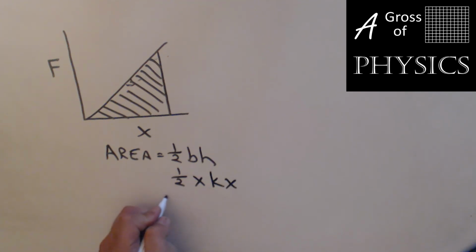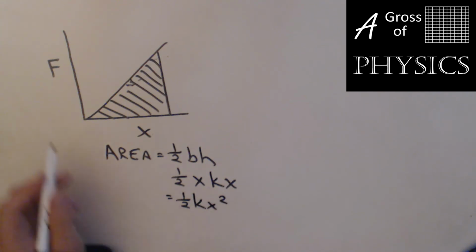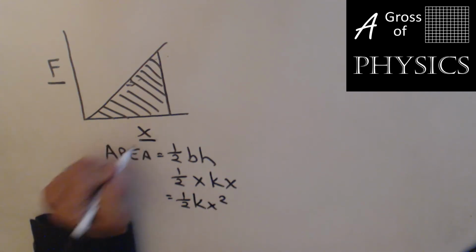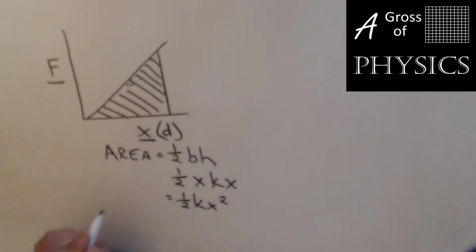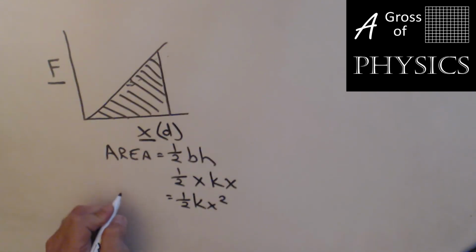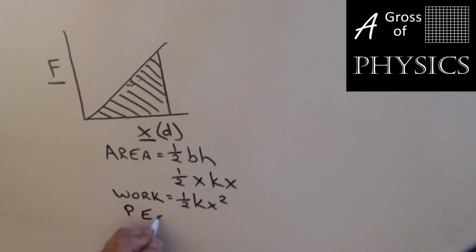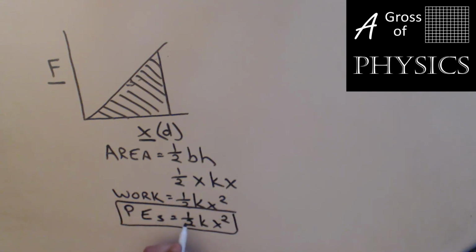So the area becomes 1/2 kx squared. And if you remember from before, this is no different than a force times distance graph. So this is really the work done, and the work done is the potential energy that we gain. So 1/2 kx squared comes from this graph. There's a potential energy of a spring, and the equation is 1/2 kx squared.